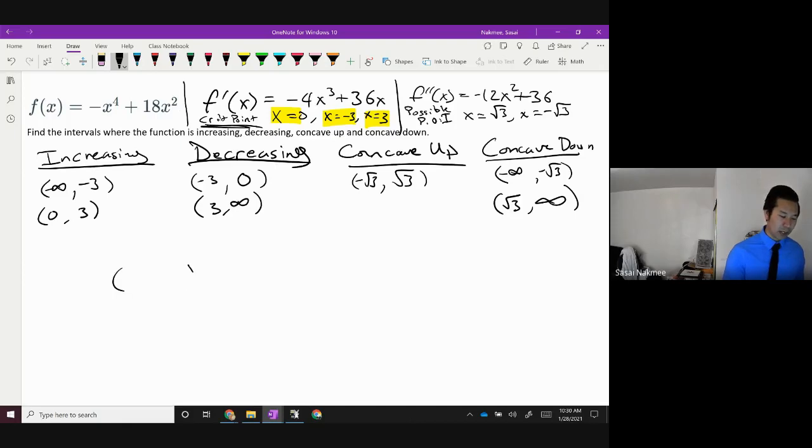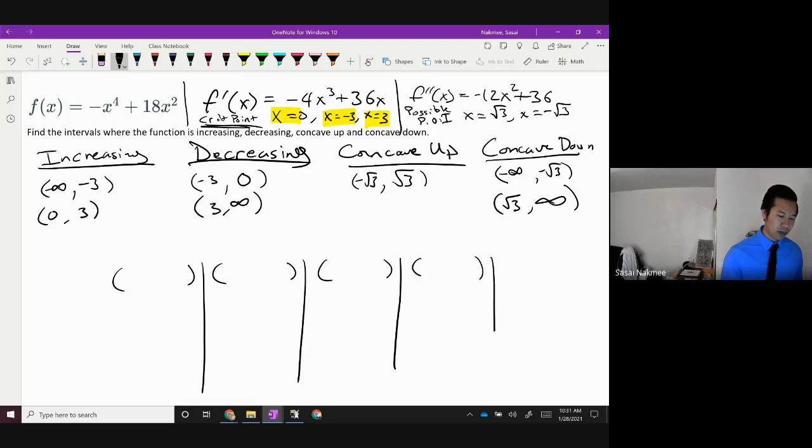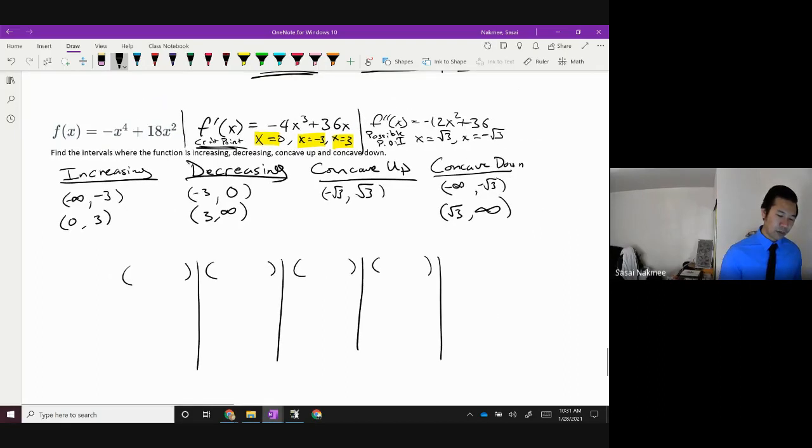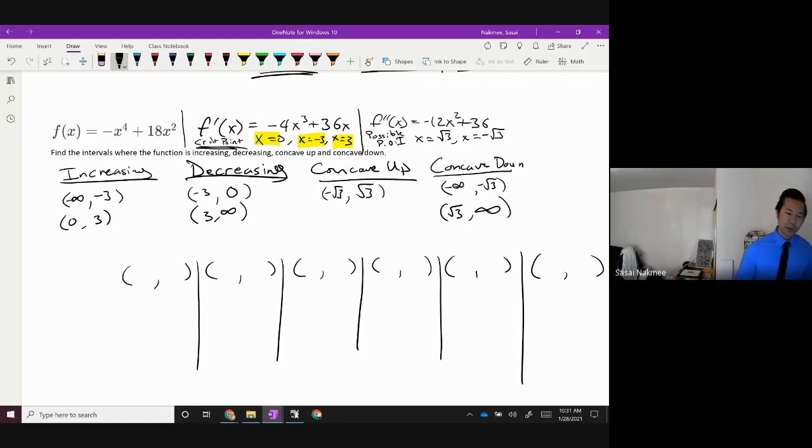So here's 1, 2, 3, 4, 5, and 6. I want you to try right now to combine the intervals in question into 6 intervals. I'm asking for a lot, is what I'm saying. I want you to try this.